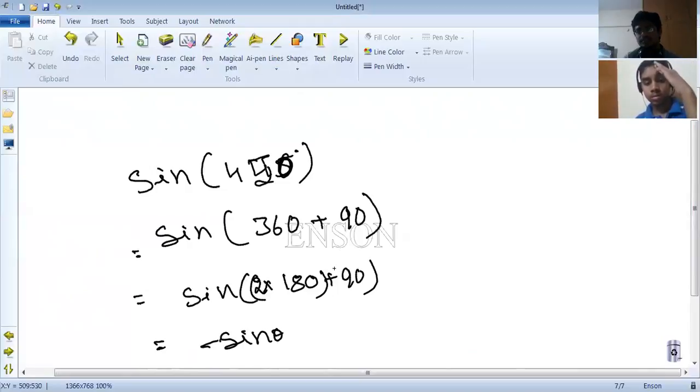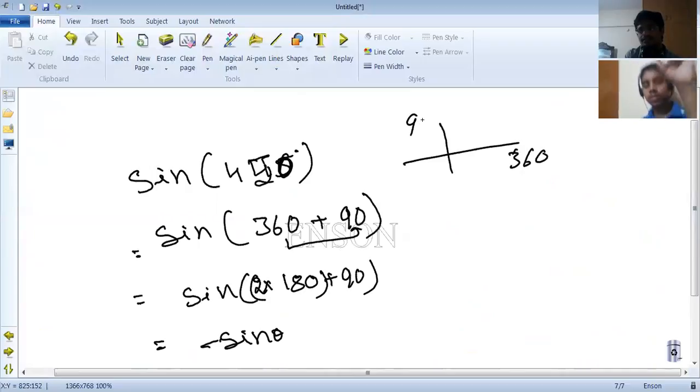Why? Because this is not negative sine theta. This is positive sine theta. Why? Because 360 plus theta will be in which quadrant? It will be the fourth quadrant? No. See clearly. Fourth quadrant, in the sense, the angle must be between 270 and 360.